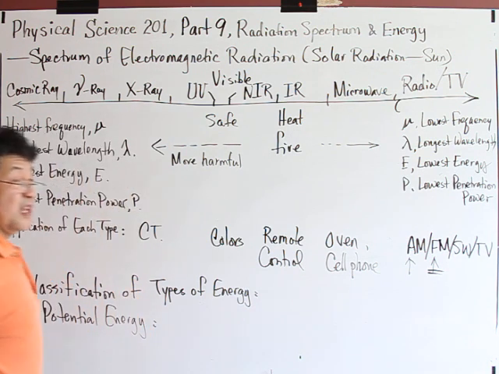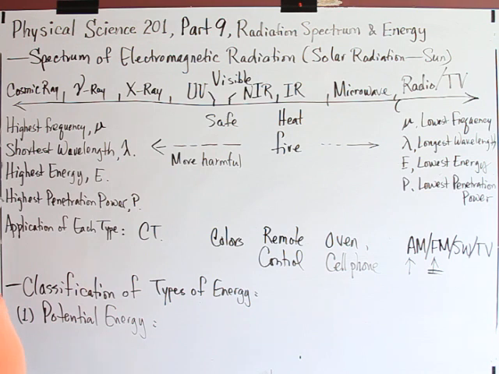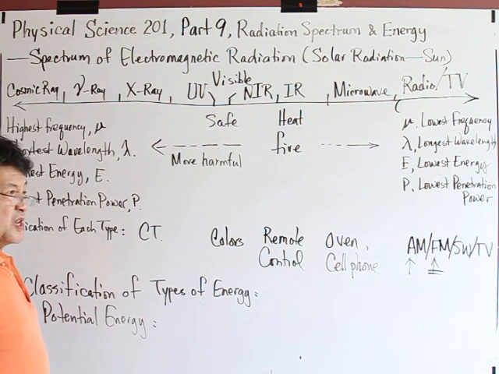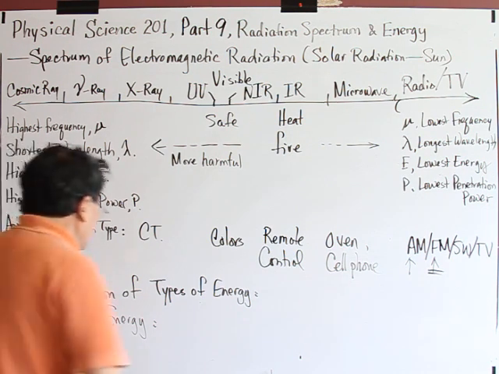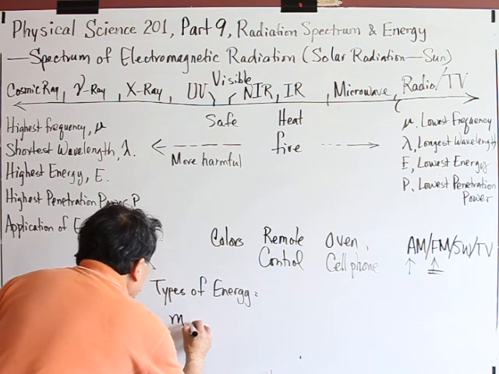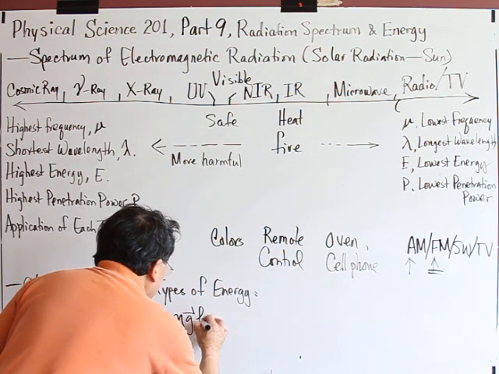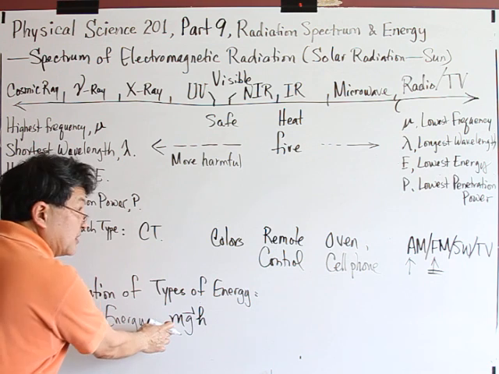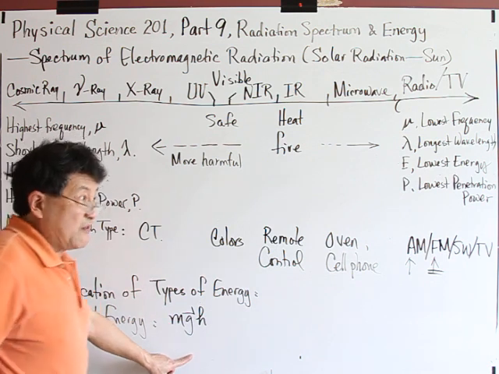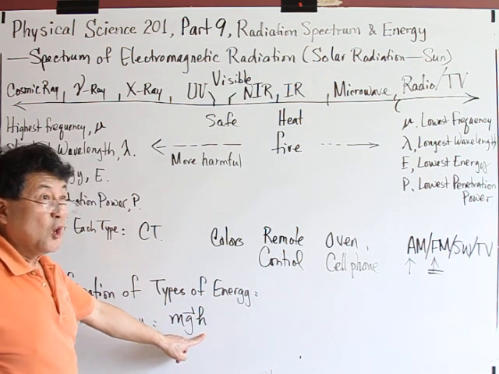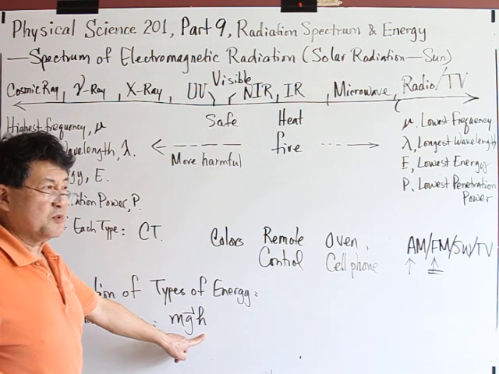Let's start from potential energy. The mathematical expression for potential energy is mgh. The m stands for mass, g is the gravity, h is the height or the position of the object we talk about.